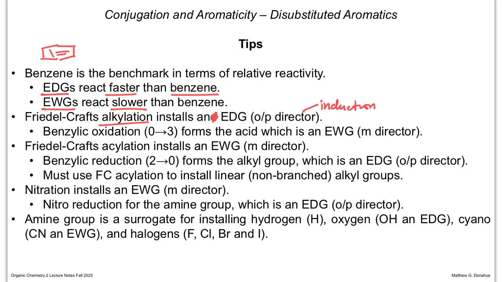And so remember that resonance is a greater influence on direction than induction is. So even if you have that alkyl group, if it has a CH, you can oxidize it to a benzoic acid, which then flips the reactivity to a meta director.